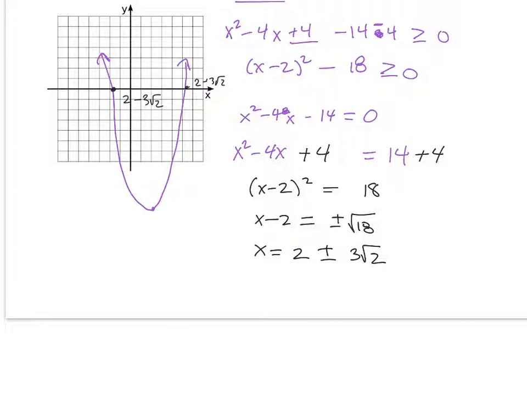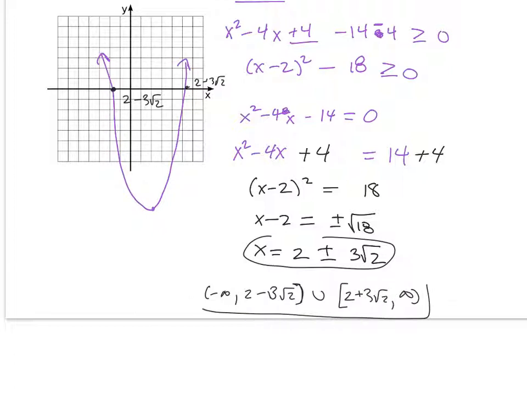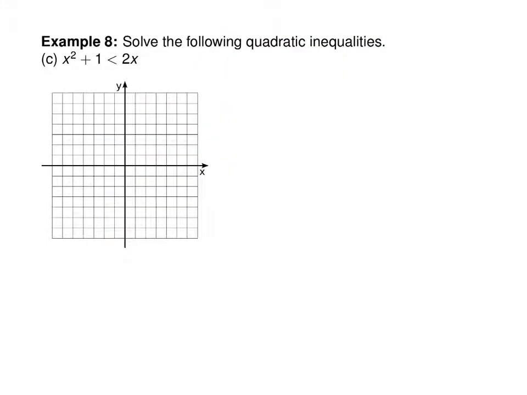So there's some weird spot. But the graph tells you, is it a happy or sad parabola? You could also skip the completing the square and just go straight to the solving. What would your intervals be? Where is this thing positive? Square bracket, union, 2 plus 3 root 2, infinity. All right, thanks. Let's check for a second.